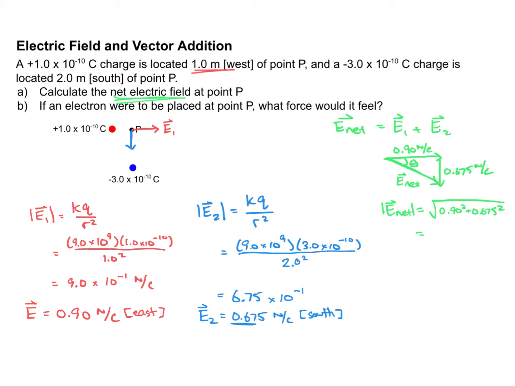That comes out, when I round it to two significant digits, 1.1 newtons per coulomb. And the angle will be the inverse tangent of opposite over adjacent, so 0.675 over 0.90.